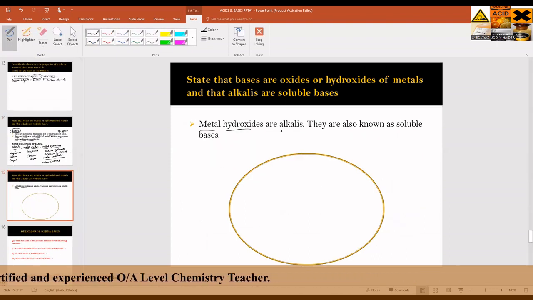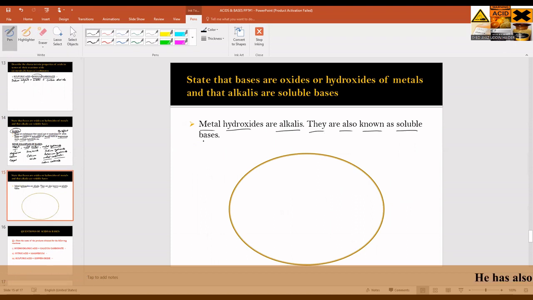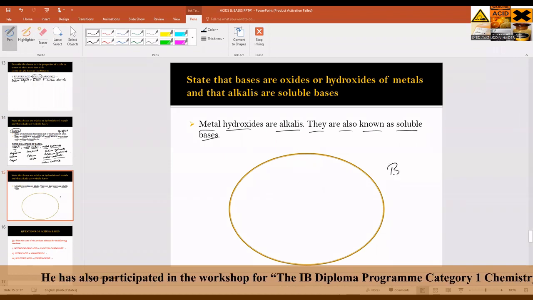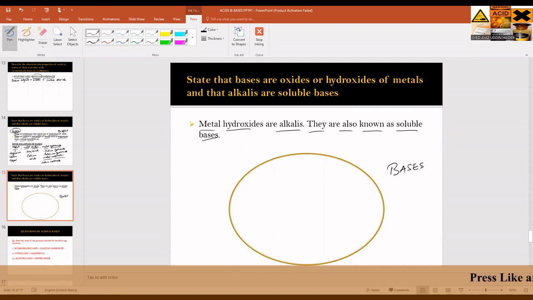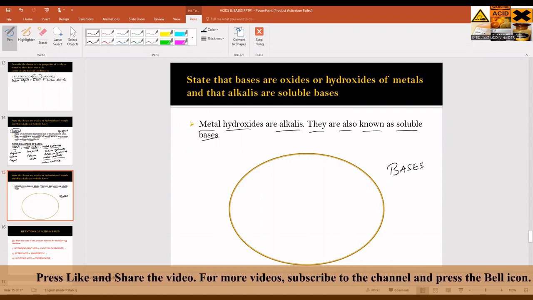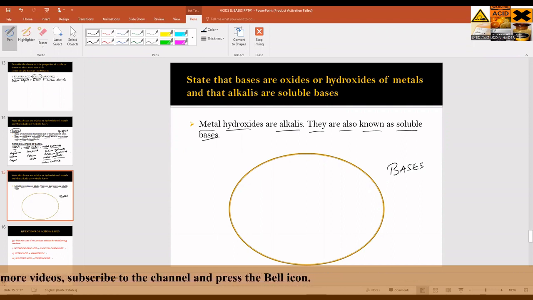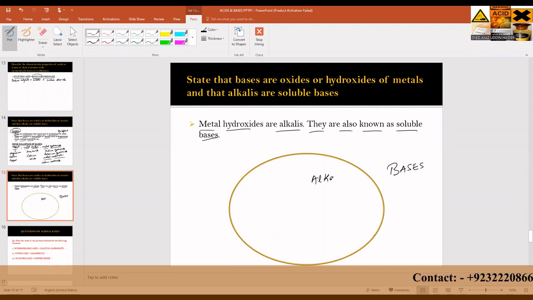Metal hydroxides are alkalis. They are also known as soluble bases. This is the Venn diagram for bases. In bases, you have all these substances which cancel out or neutralize the effect of acids. But there is a specific kind of base which is metal hydroxides. We call them alkali. All alkalis are bases, but all bases are not alkalis.